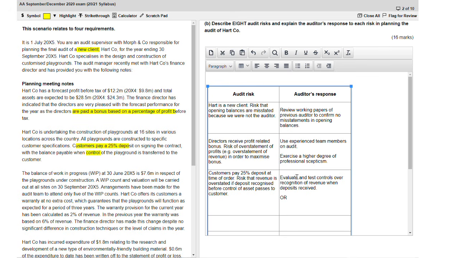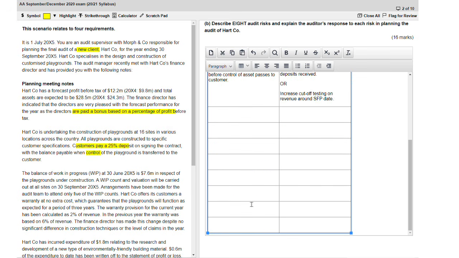So don't say increase work, but if you said increase work on the cut-off assertion, it makes a better answer. So I'm going to say increase cut-off testing. Again, on revenue. It's particularly, isn't it, around the year end, around the SOFP date. I think that's better than analytical procedures.